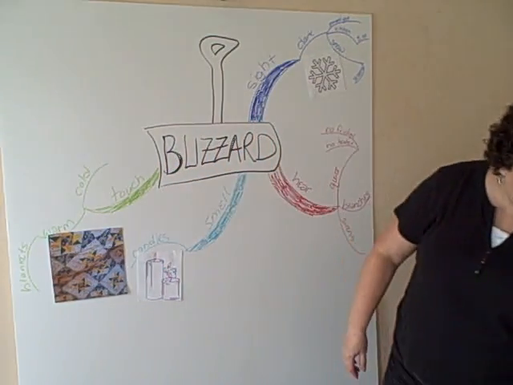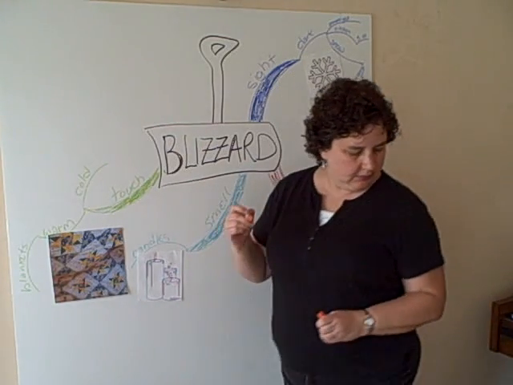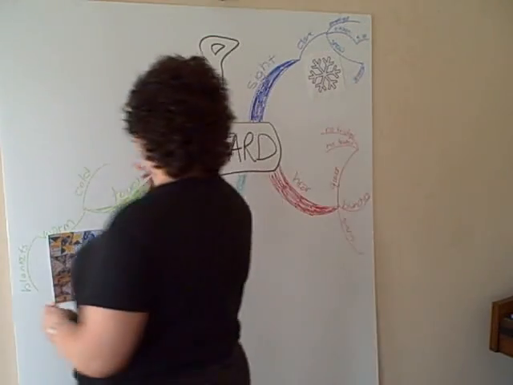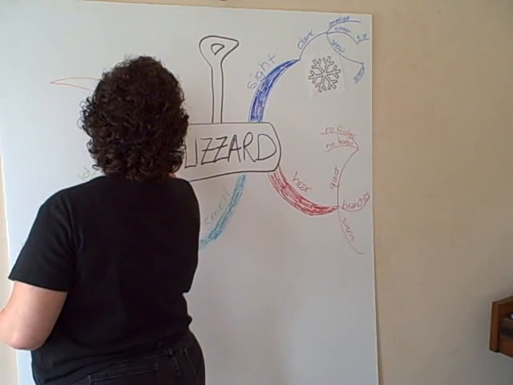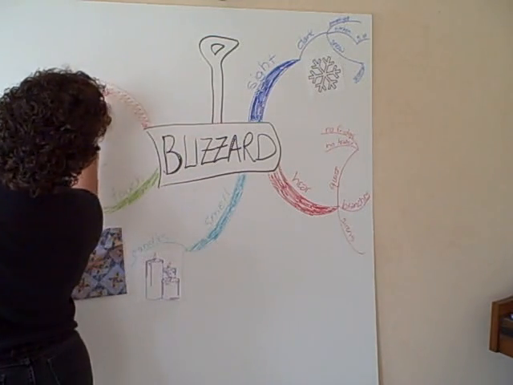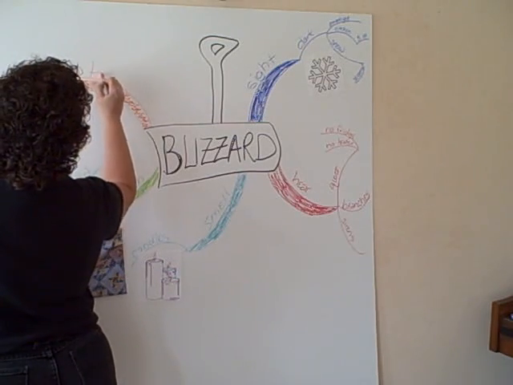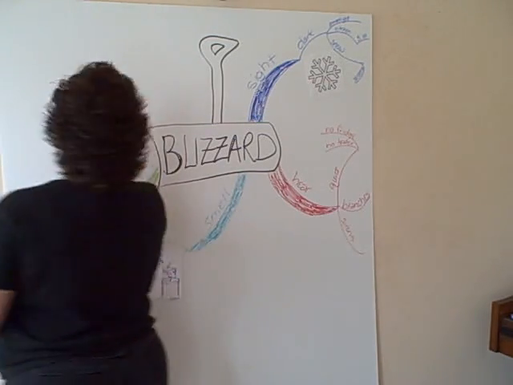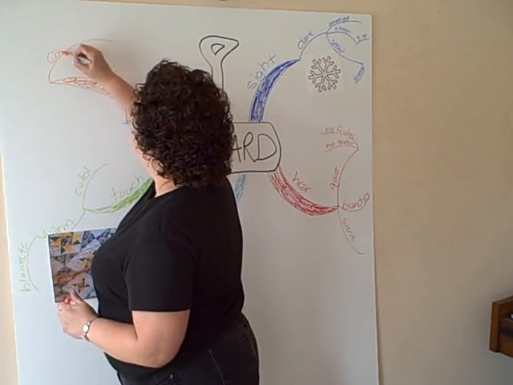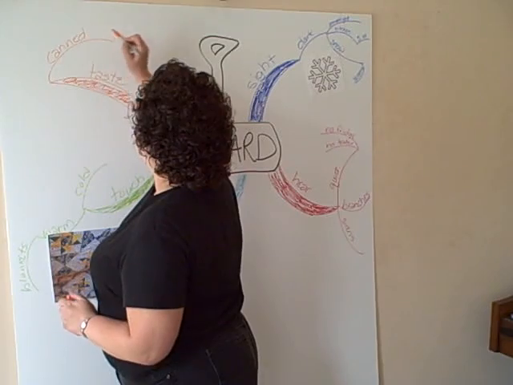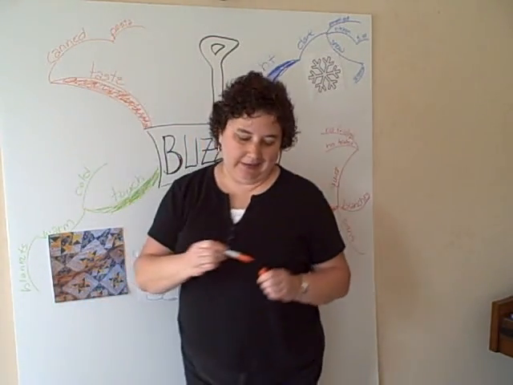How's that? And then taste. Here's what I tasted. Canned things. I like the ravioli.